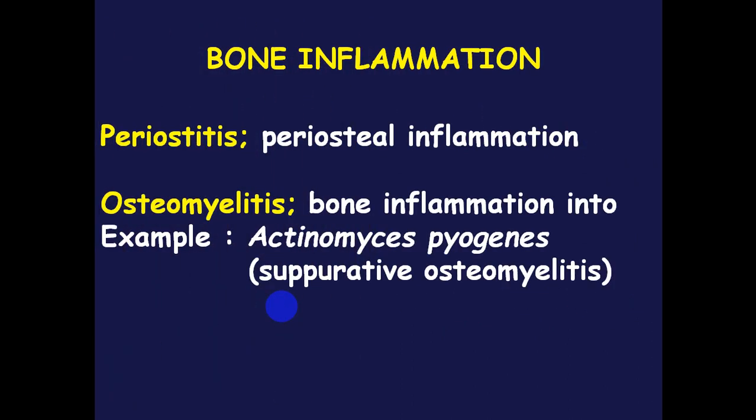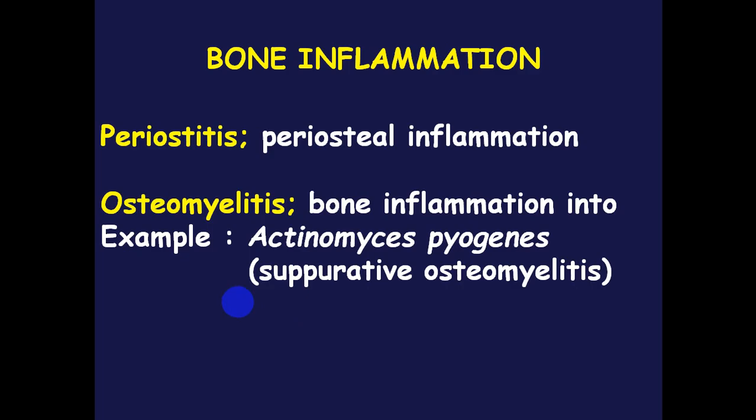Bone inflammations. If the inflammation occurs in the layers that encapsulate the bone, we call it periostitis, because it happens in the periosteum. And then if the inflammation spreads into the medullary cavity, we call it osteomyelitis.